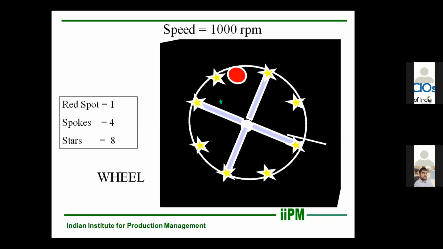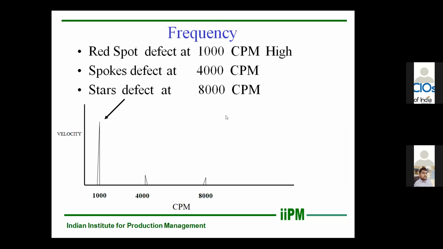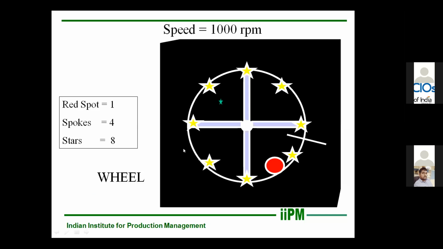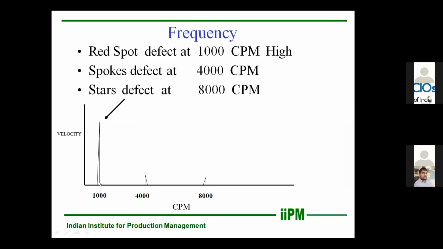And how many times are the stars touching these defects? 8 times. So generally you will get into this RPM of the machine. Suppose the machine RPM is 1000 RPM and you have got this heavy red spot. So this heavy red spot will strike this stick one time. In one revolution it will hit the stick one time. So you will get a high peak at 1000 RPM.